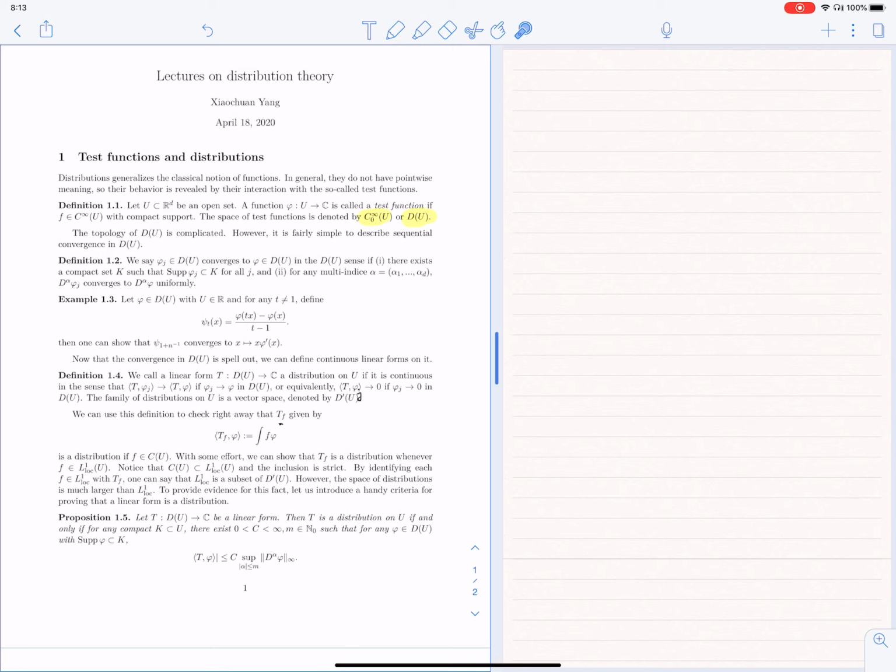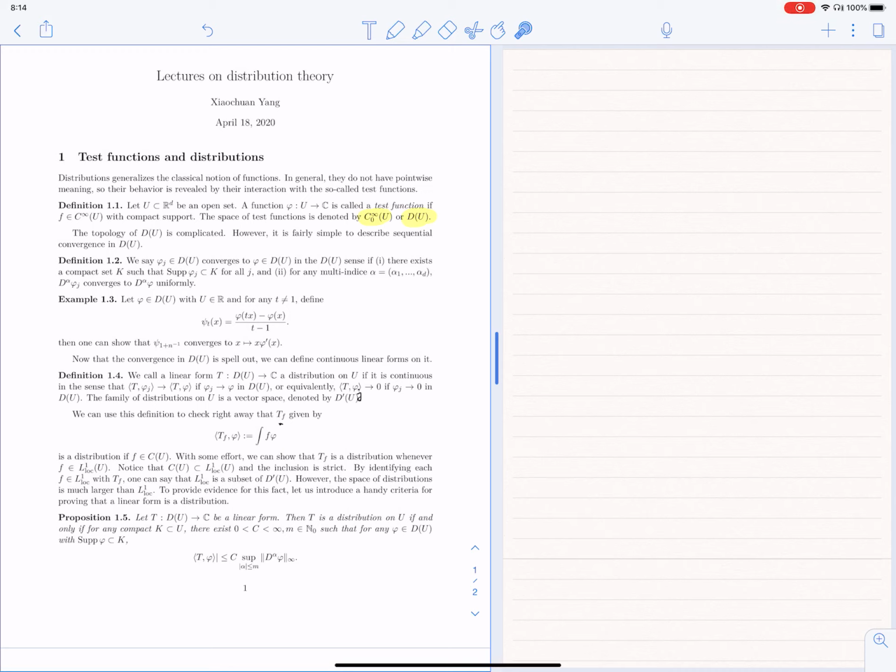This will be the case if f is a continuous function, and with a little bit more effort, and you have seen how to do that, actually we need a modification, we can show that for a generic integrable function with compact support, locally integrable functions, denoted by L^1_loc, all the locally integrable functions defined in such a way give rise to a distribution.